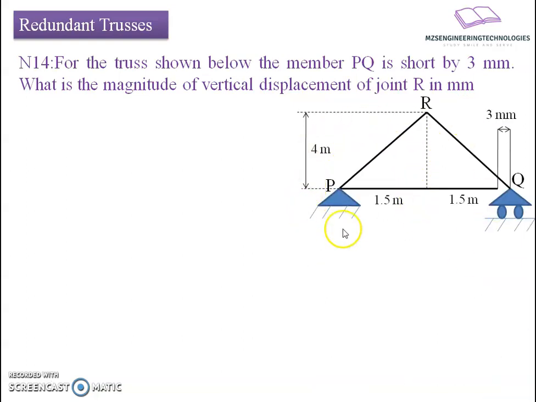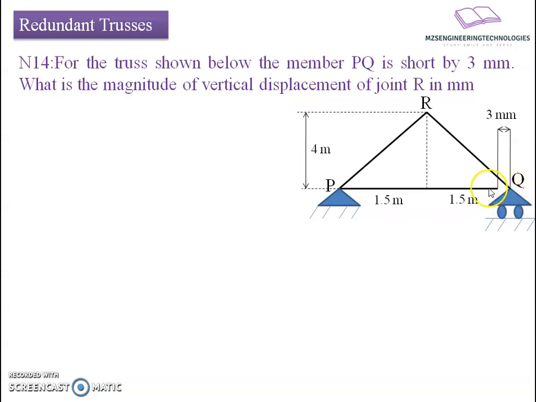So in the given assembly, the member PQ is short in length by 3 mm, and it asks what will be the displacement observed at R due to this deficiency, the lack of fit. When we try to adjust this member PQ to be moved at the joint Q, the joint Q has a roller support.